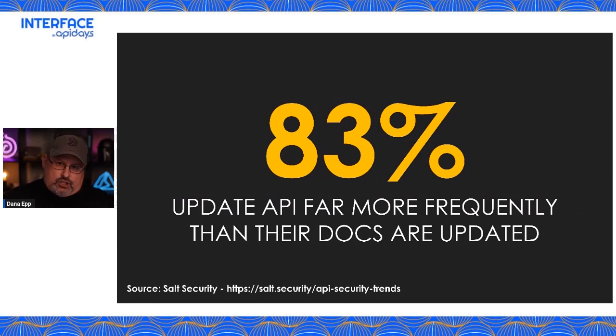As we continue to shift left to deliver more functionality in our applications and be more agile in API development, that means that they're working way faster in producing the APIs and far slower in producing the documentation for those APIs. And that's a real problem.